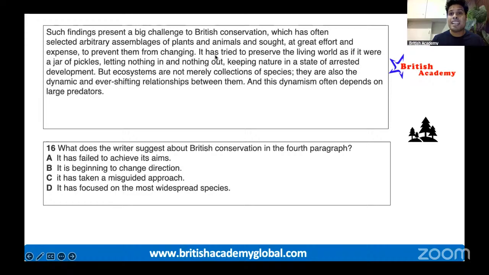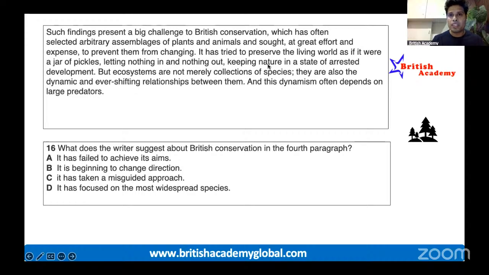So, what exactly are they trying to preserve them to prevent them from changing? It has tried to preserve the living world as if it were a jar of pickles, letting nothing in and nothing out, which means they took the relative samples and locked them. No other species can come in, no other species can go out.